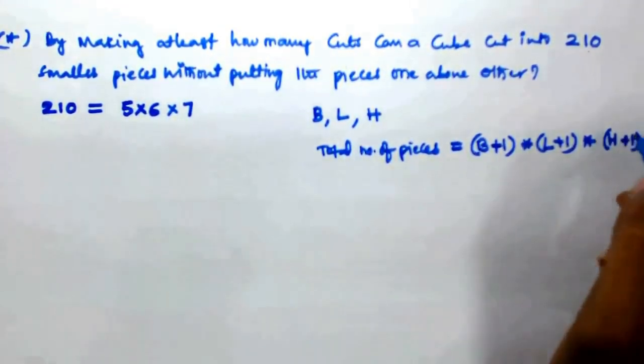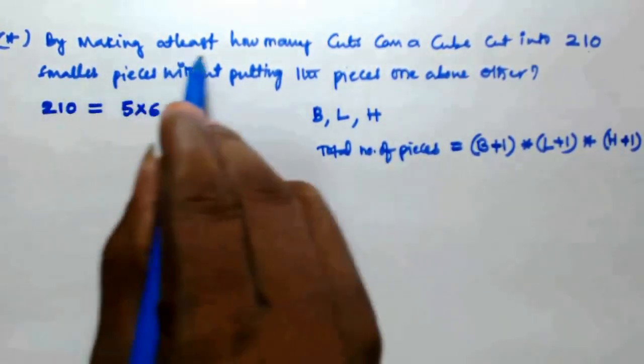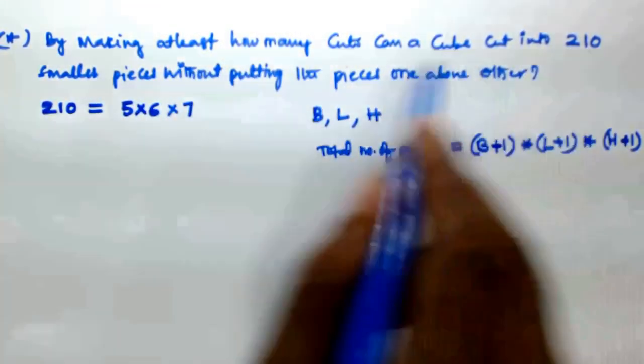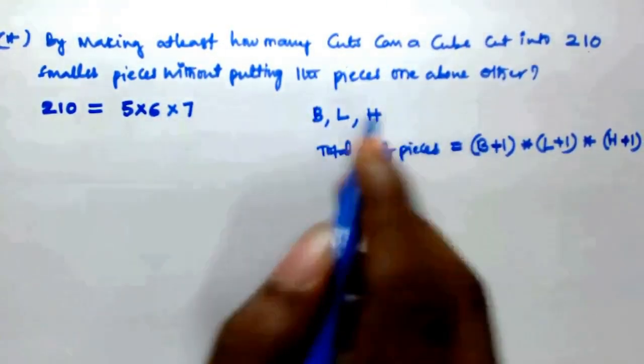Okay, this is what applies to the question of by making at least how many cuts a cube can be cut into small pieces without putting one piece above another.